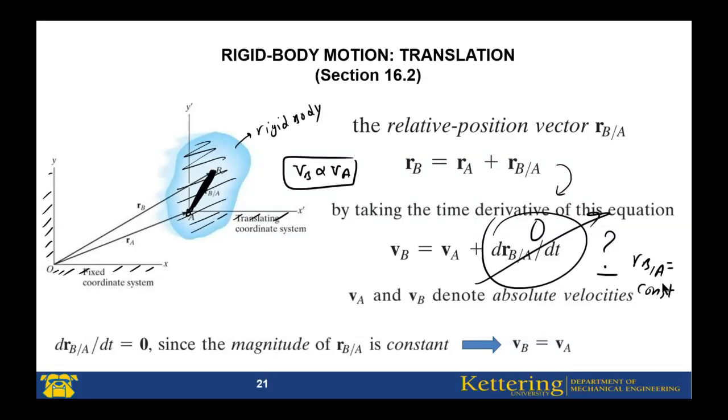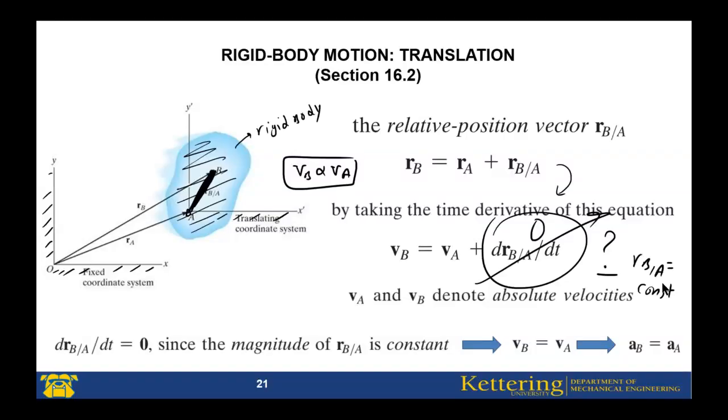Also, their acceleration will be equal. One example: there is a car with several passengers. It's a kind of rigid body with several particles. When you are moving and driving on a straight path, all of you have a translational motion.